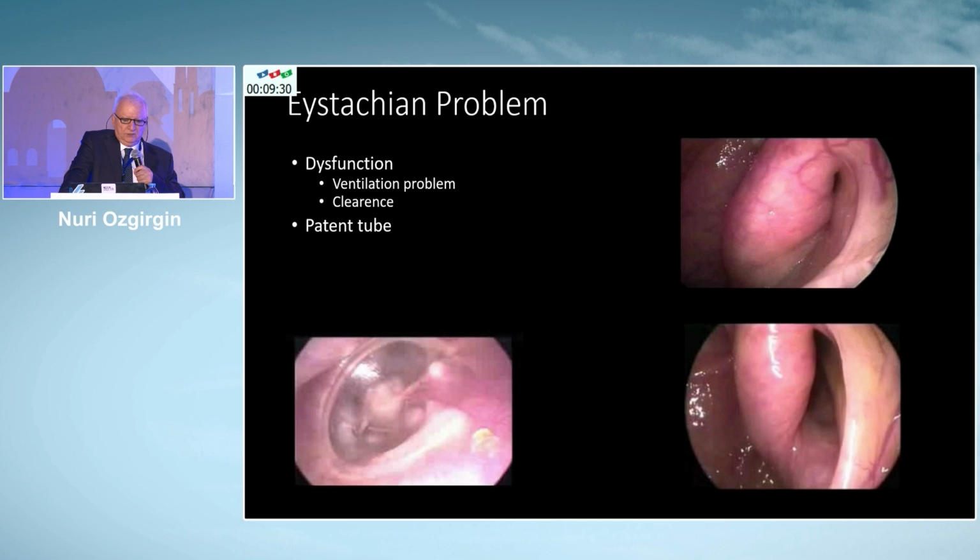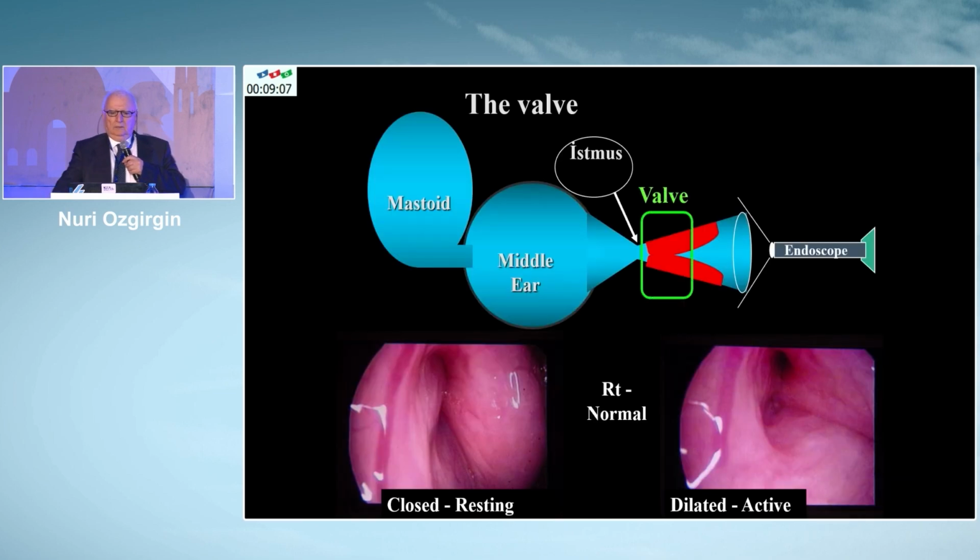One is dysfunction, and the other is the patulous tube. You can see the nasopharyngeal photographs of these two different situations. The valve is very important.